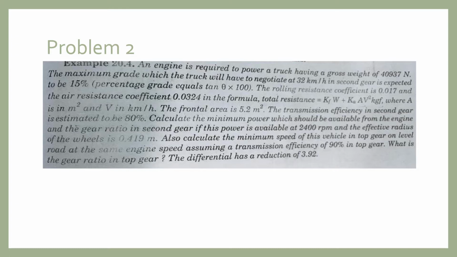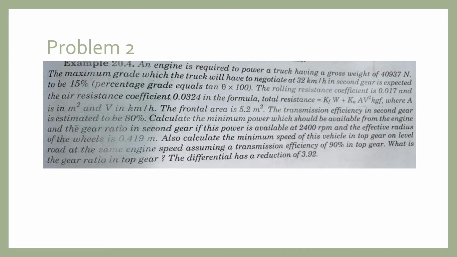Now calculate the minimum power which should be available from the engine and the gear ratio in second gear if this power is available at 2400 rpm, and the effective radius of the wheel is 0.419 meter.